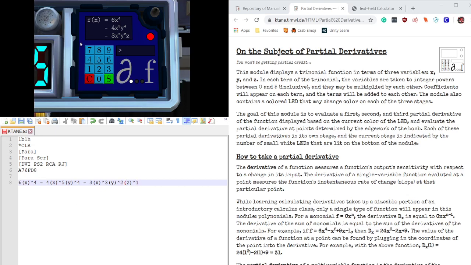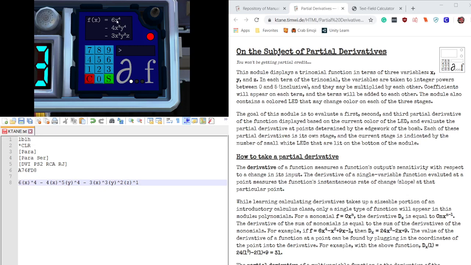So let me go over a bit about this equation. There are three terms of the equation, the 6x, the 4xy, and the 3xyz. Each term has an x, a y, and a z value. You might not be able to see it, though they still exist. This is because if there is no y, z, or x value, that means that respective variable is raised to the power of 0.